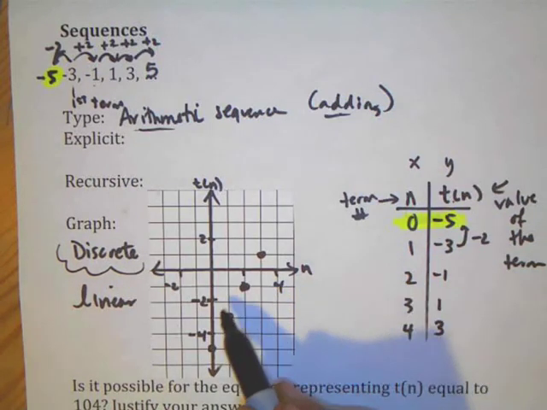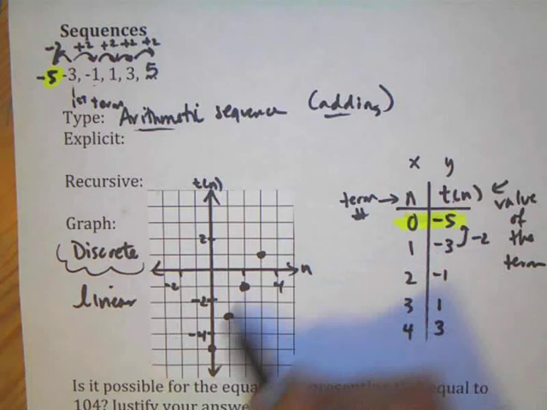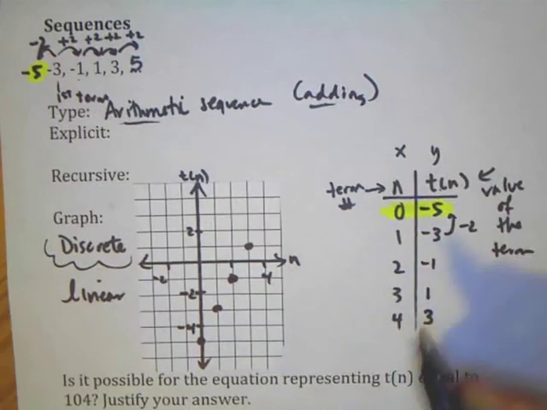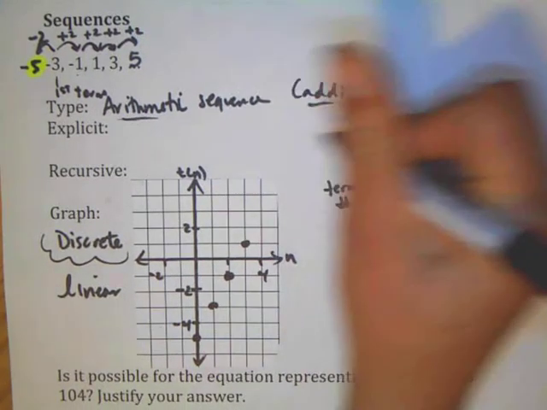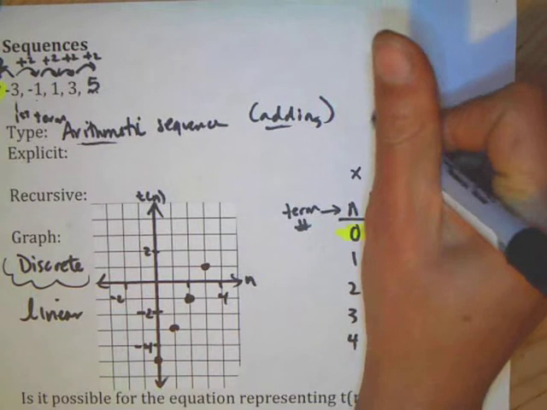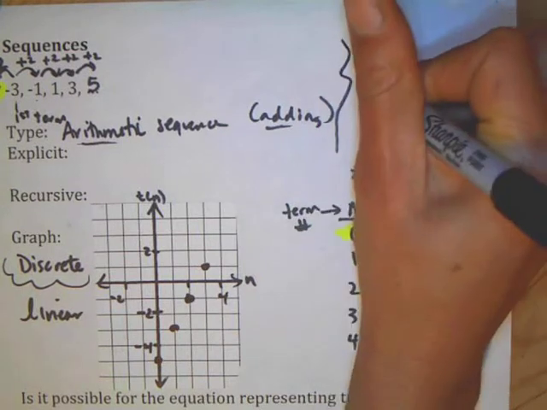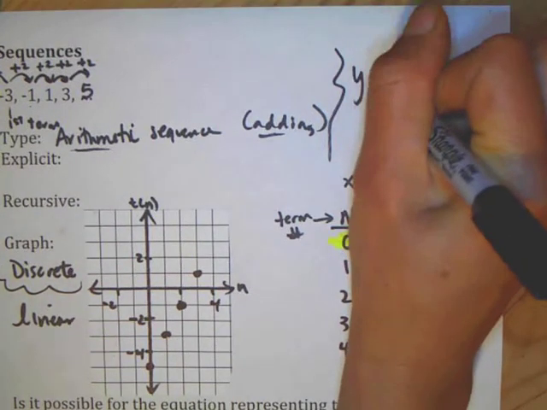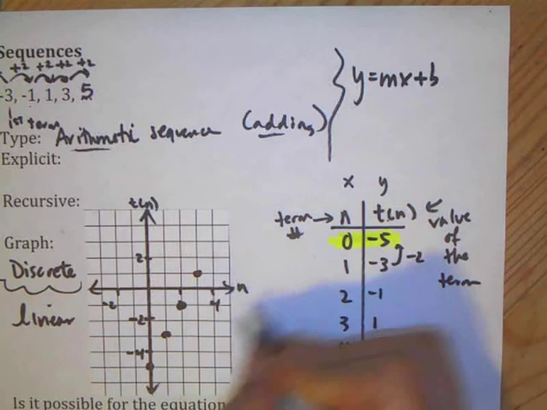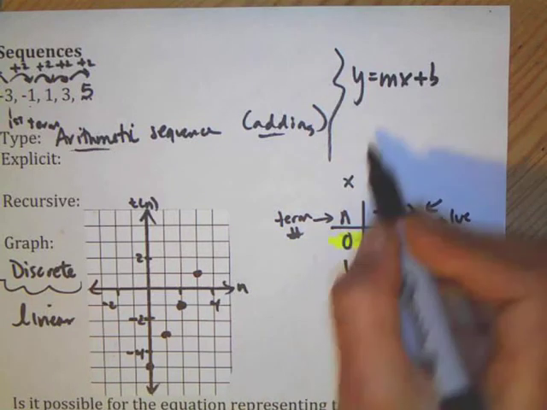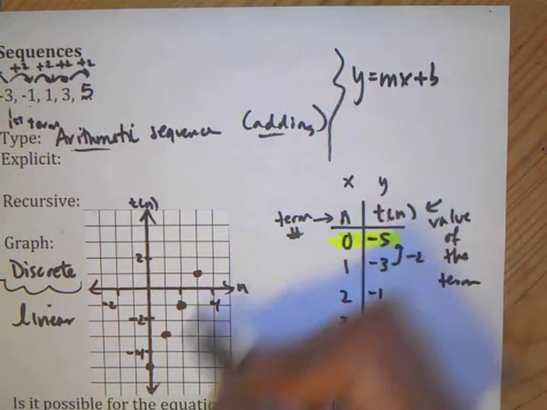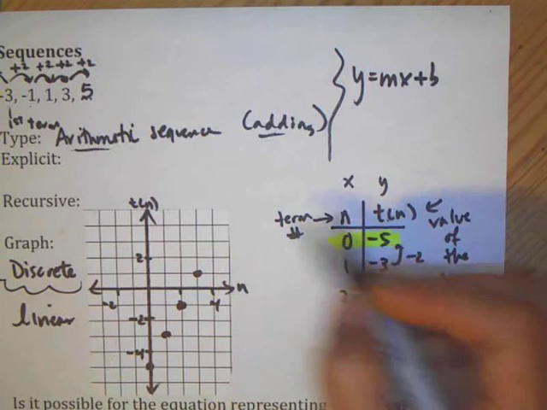And the explicit equation, if you look at this, once again looks like a line. So if we were to write y equals mx plus b to write a line, we can use this as a launching point for this graph that looks like a line.